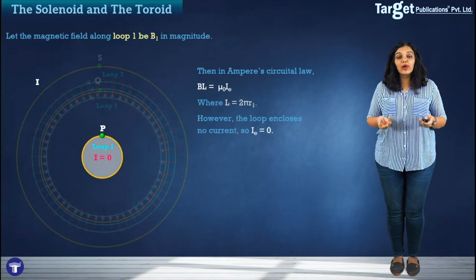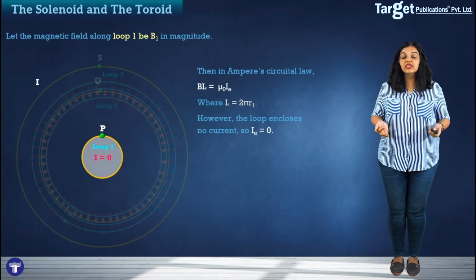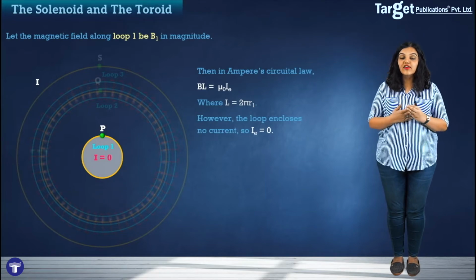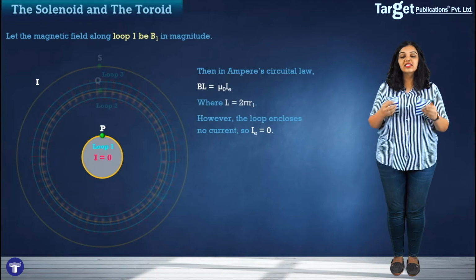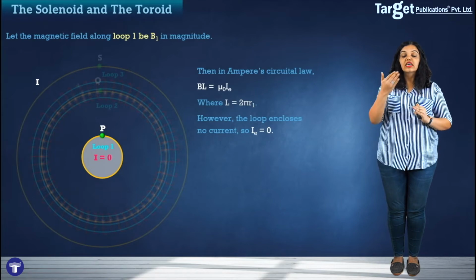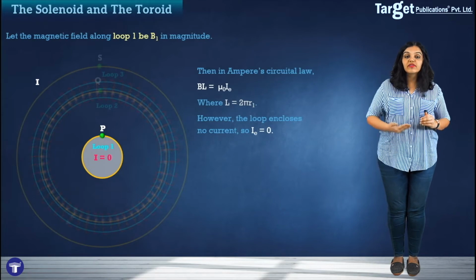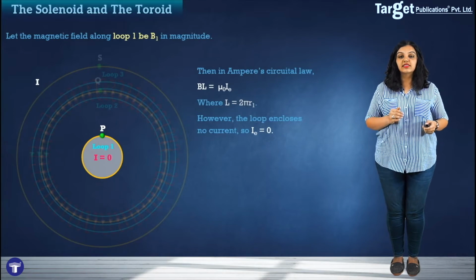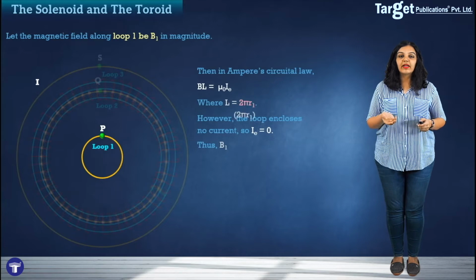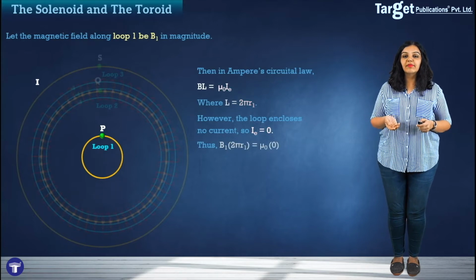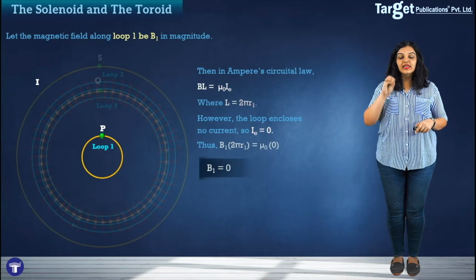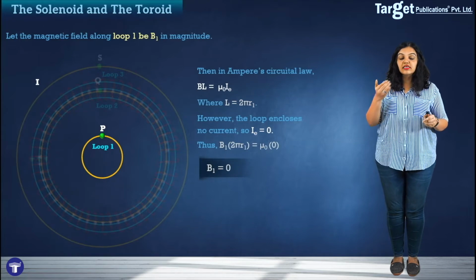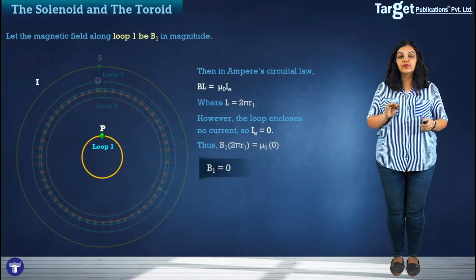And of course then the question is, what current is it enclosing, or the better question is, what current is cutting the surface created by this loop? As you can see, there's no current cutting the surface of loop 1, and therefore the IE in this case is 0. And from this, if I apply Ampere's circuital law, I'll simply get that B1 is equal to 0, which means that the magnetic field at a point P, which is lying on the inner side of the toroid, is going to be 0.